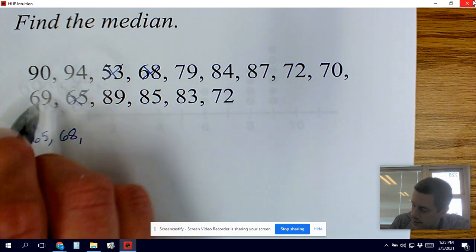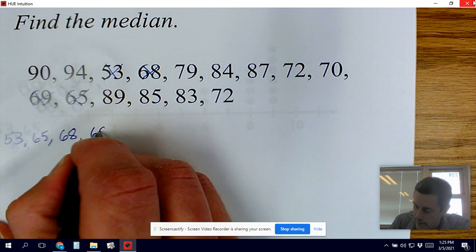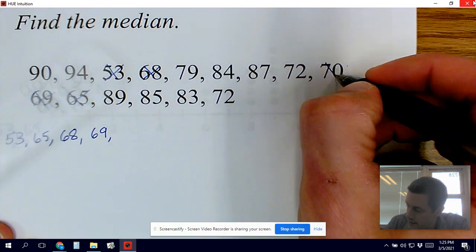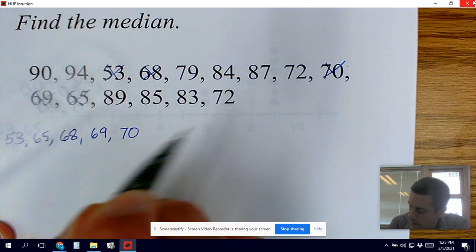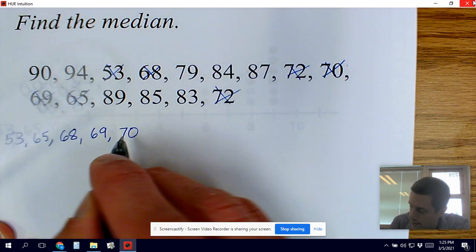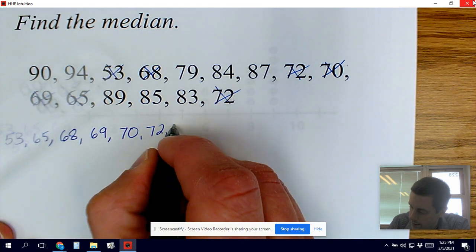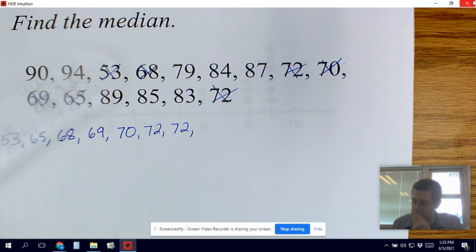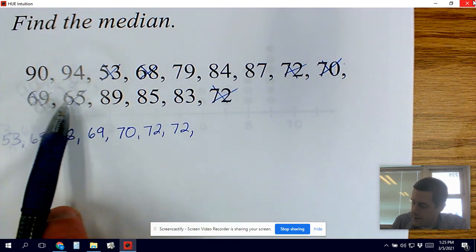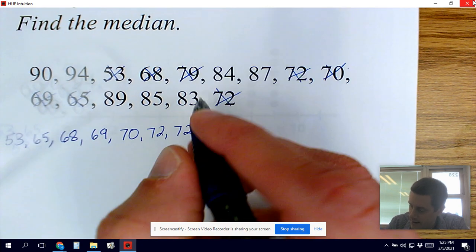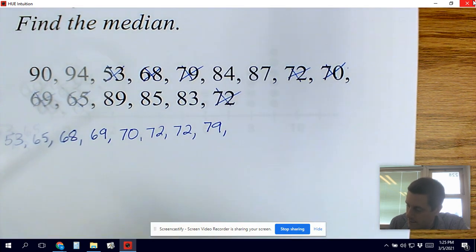And then a 69. We have a 70. No 71s, but I do see multiple 72s. We're going to write both of those. So 72 occurs twice. After 72, looks like the only number still in the 70s is this 79, so it would come next.